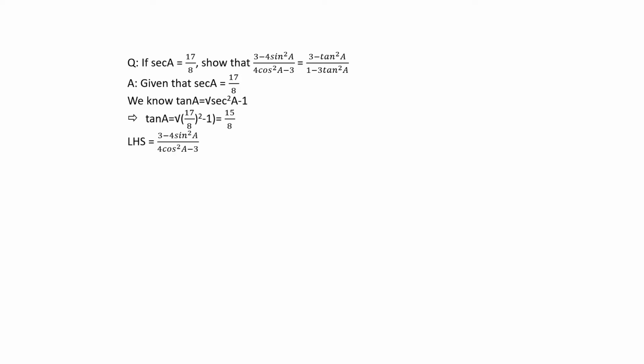Now left hand side is (3 minus 4 sin square A) whole divided by (4 cos square A minus 3).